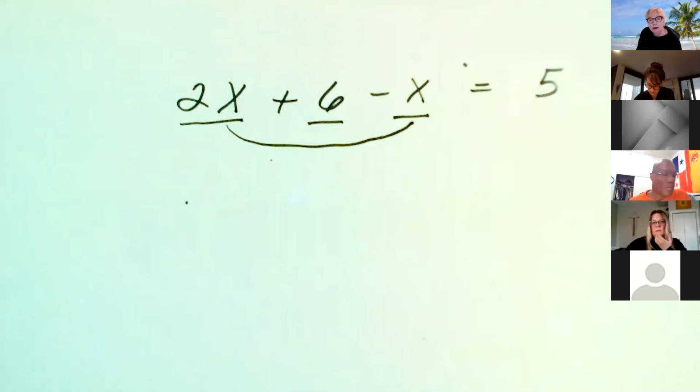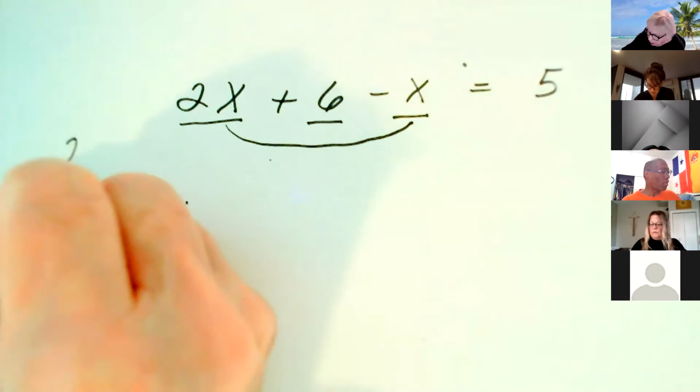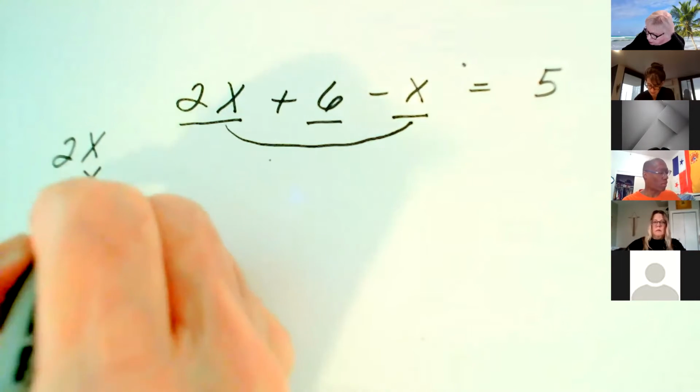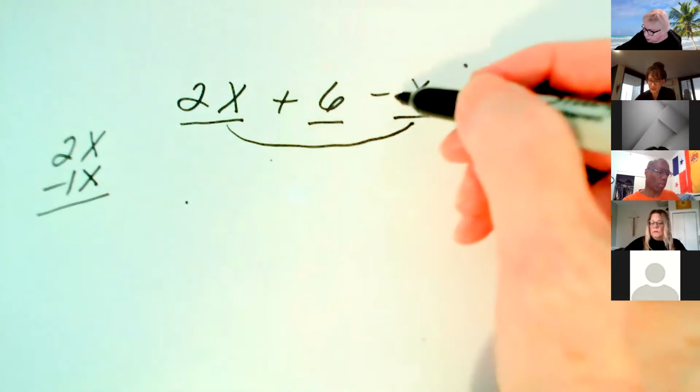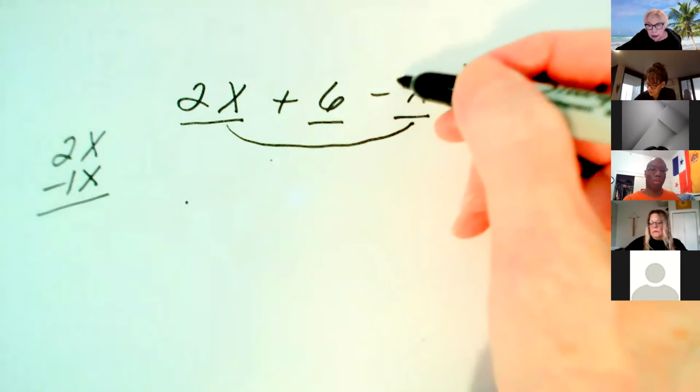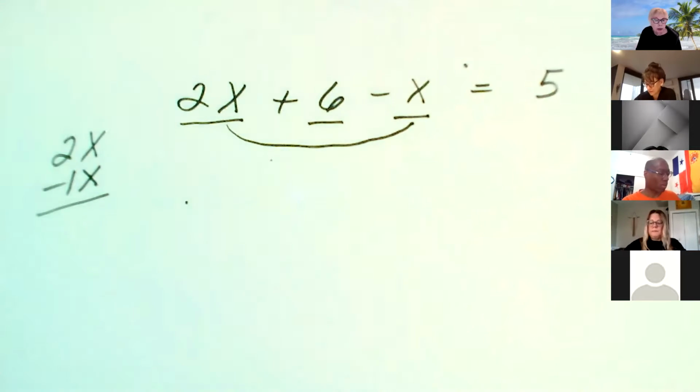Very much like the last problem. So it's 2x minus x. If you need to slip a 1 in there to reason it out, it's really 2x minus 1x. This 1 is understood. And you can use it or not use it depending.